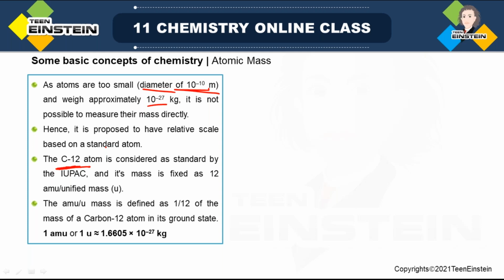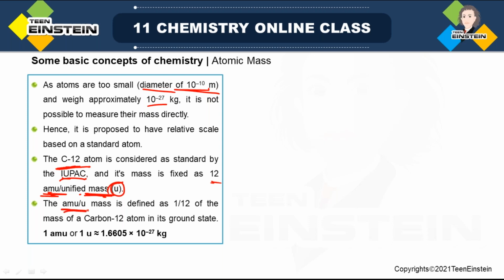So the carbon-12 atom is considered the standard according to IUPAC convention, and its mass is fixed at 12 AMU, or unified mass. AMU full form is atomic mass unit, or you can also express it with a simple small letter u, which is unified mass. Now we have to know the definition of atomic mass unit or u.